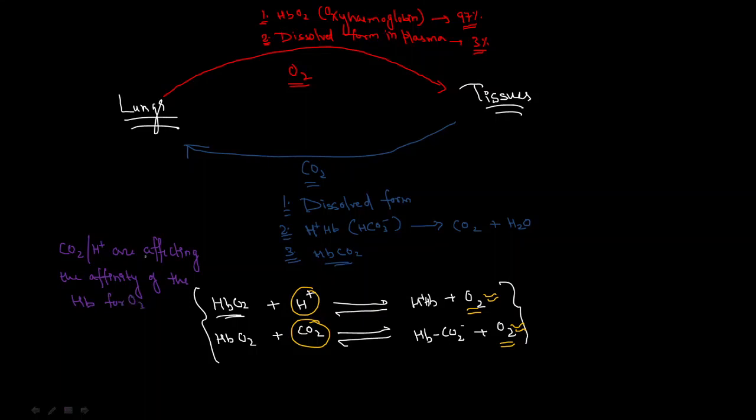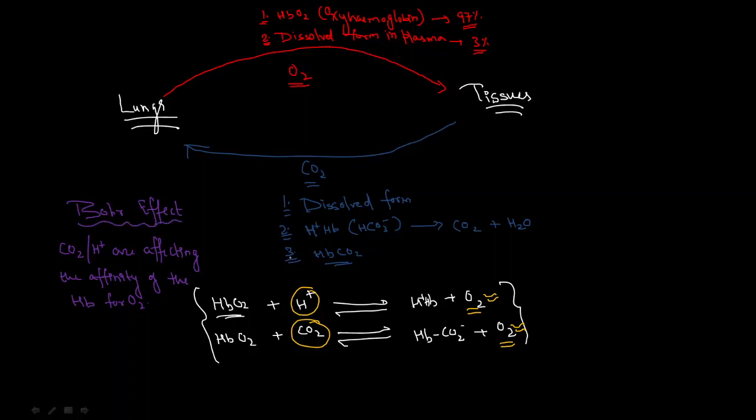Carbon dioxide and protons are affecting the affinity of the hemoglobin for oxygen, and this thing is known as your Bohr effect. Bohr effect, we will use it in further concept.